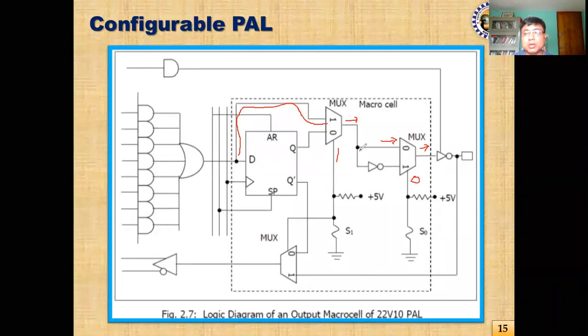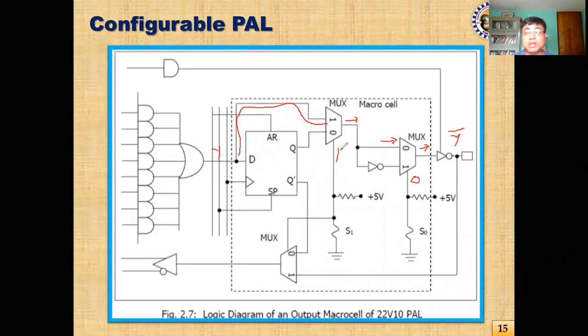If it is 0, then it will pass through this and get inverted over here. Suppose this is Y, then I will get Y bar here. So now I am getting the combinational output but in inverted form. That means it is active low.